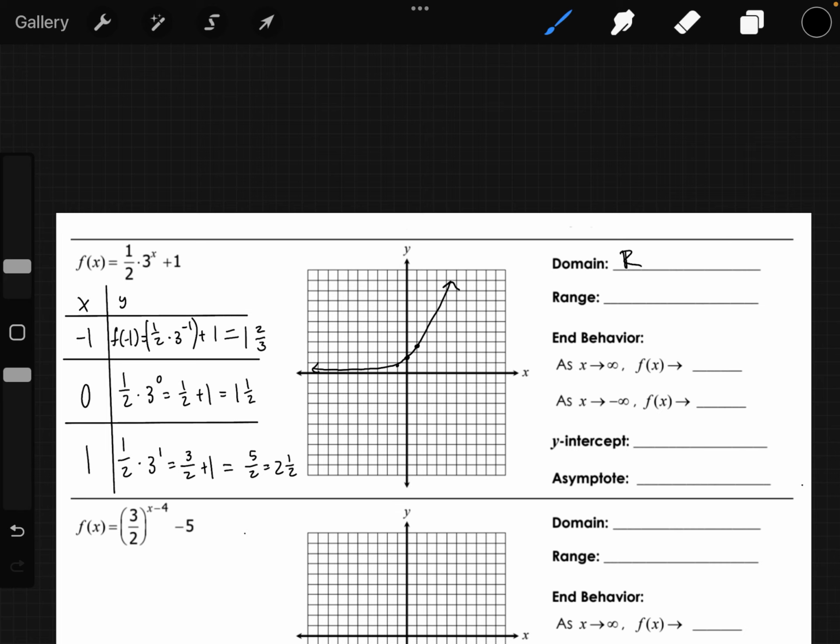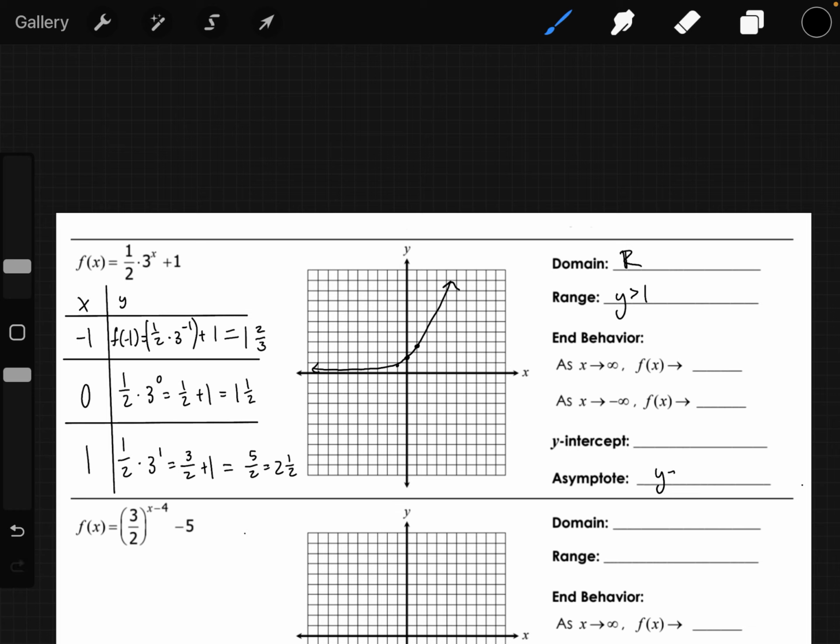So thus the domain is all real numbers. All x values are valid. And we see that the range has to be above 1. Normally, for the parent function b to the power of x, the range has to be greater than 0. Here it has to be greater than 1.